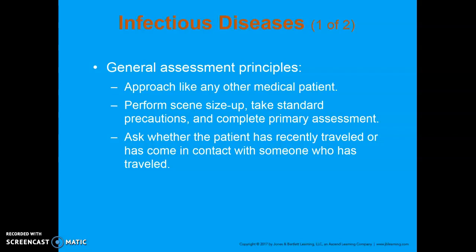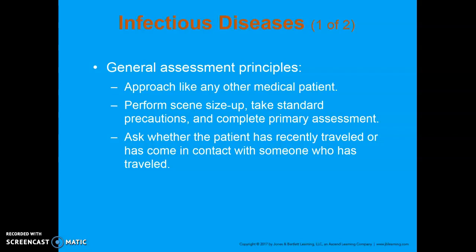Infectious diseases. So kind of general assessment principles for that. You're going to approach like any other patient. You're going to perform a scene size up, take standard precautions, and complete that primary assessment. You're going to gather history using OPQRST so that you can get more information about the patient's chief complaint. Typical complaints that go along with infectious diseases tend to be fever, nausea, rash, pleuritic chest pain, difficulty breathing, vomiting, and diarrhea.